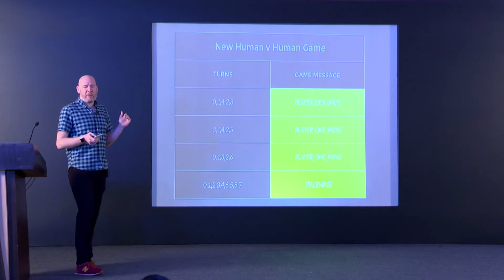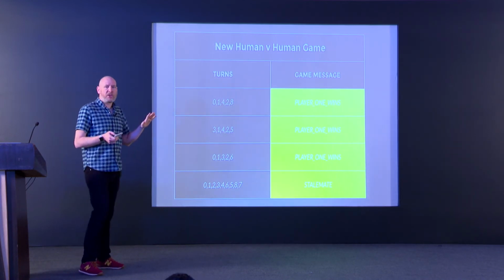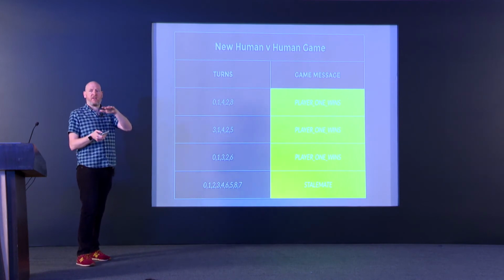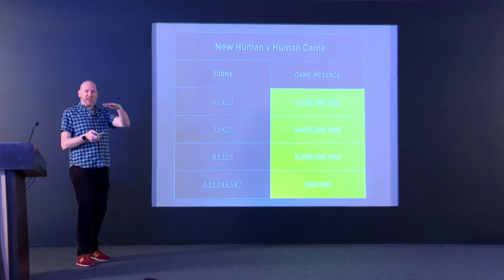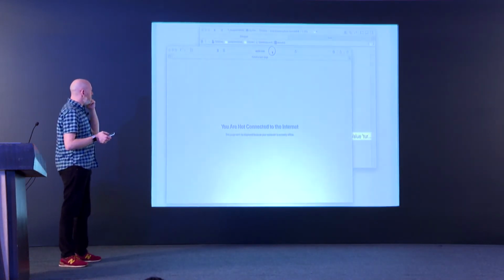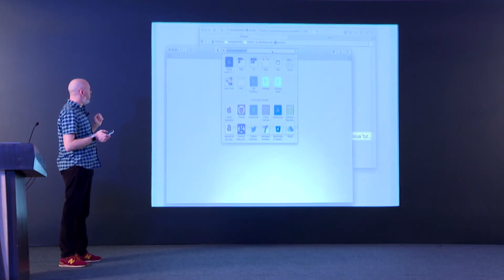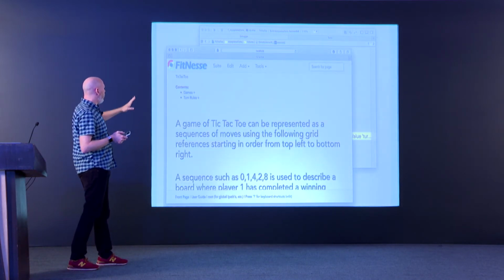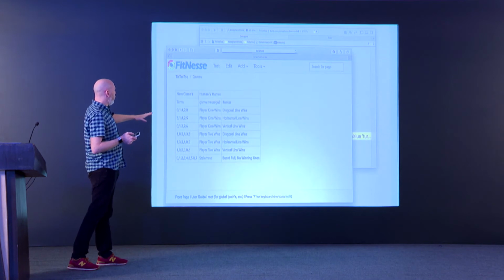So I'd like to show you a demo now of taking this approach, using FitNesse and using it to test the watch application at that subcutaneous layer. So what's the first thing we're going to do? We've installed FitNesse, and we've defined the rules of the game in here.